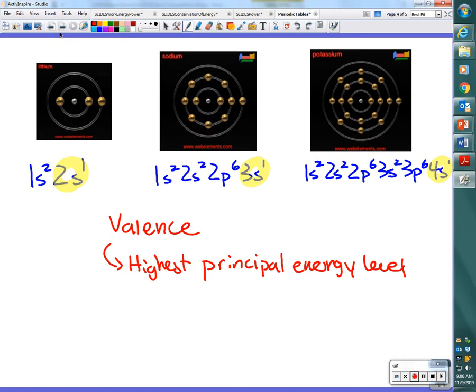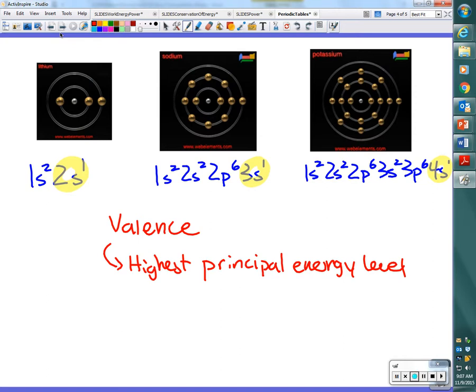Just 1. The highest principal energy level in lithium is which energy level? 2. And how many electrons are in the second energy level? Just 1. How many electrons total does sodium have? You could look on your periodic table after all, right?